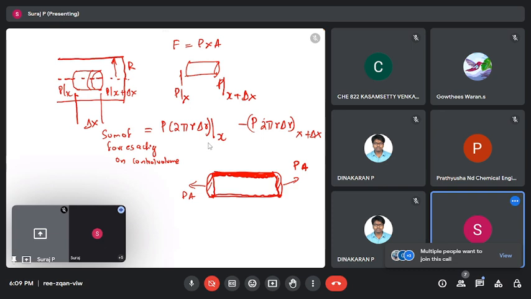So we need to do a shear stress balance in this elemental area.